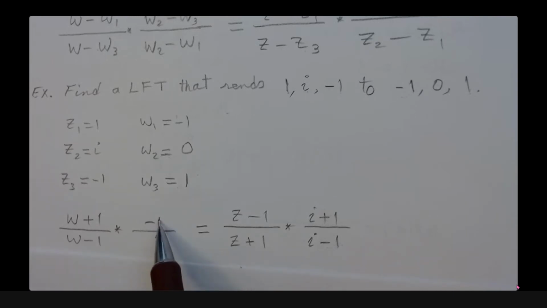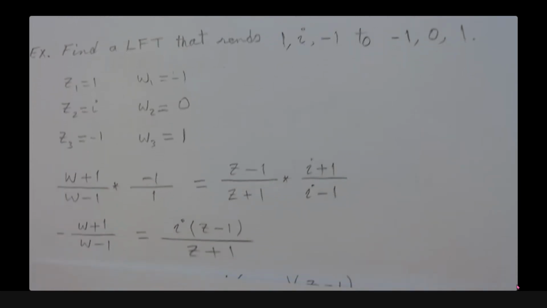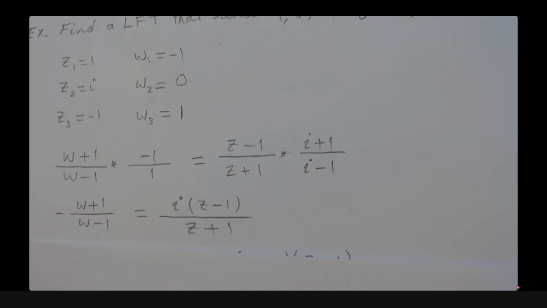Of course, -1 divided by this is just -1. And we can simplify this. And then this is an equation in W and Z, but we would like to solve it for W. All right, we will solve it for W. I already did this for you.